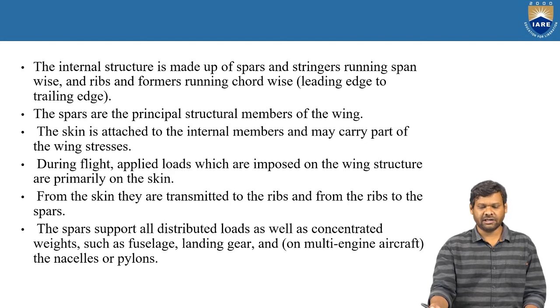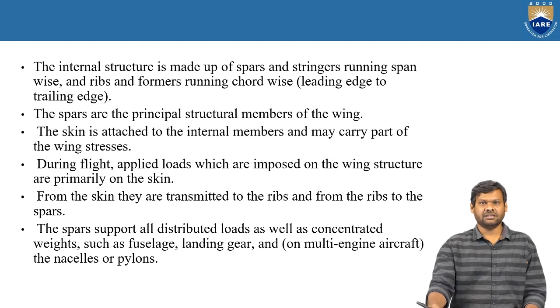The spars support all distributed load as well as concentrated weight such as fuselage, landing gear, and in multi-engine aircraft, nacelles and pylon. For example, when you take a single engine aircraft, the power plant is installed into the fuselage section.